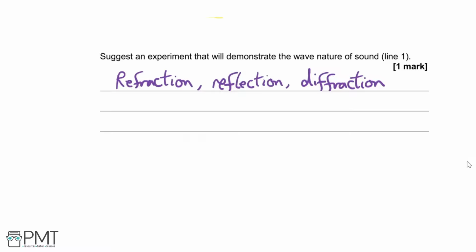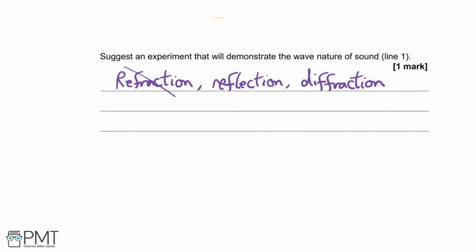You need some quite sophisticated apparatus to show that sound can be refracted between materials, and also diffraction, coincidentally, would make this method trickier because diffraction is happening at the same time as refraction, and it will cause all kinds of changes in direction. So we're not going to use refraction for this one.